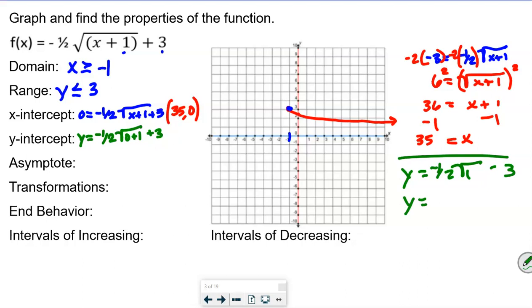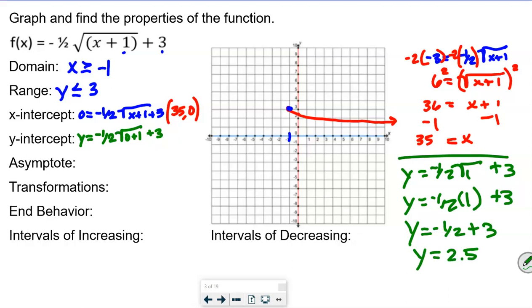So this is y is equal to -1/2 times 1 minus 3. So that's going to be y equals -1/2. Sorry, that's supposed to be plus 3, y'all. Plus 3. So that's why y was equal to 2.5. So when we write this one, it's going to be 0, 2.5. Okay? So that's what that point was right there.